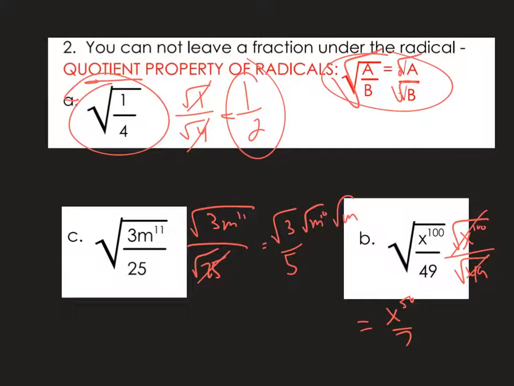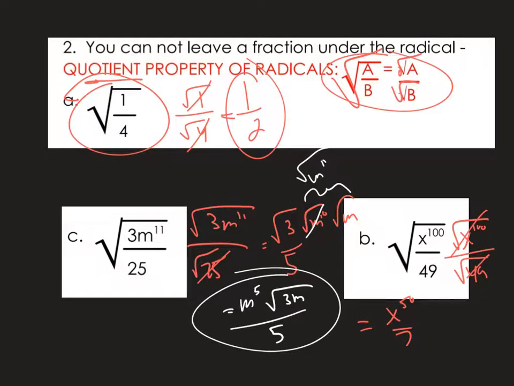These two give me m to the 11th. Now we can reduce the perfect square, m to the 10th, which becomes m to the 5th. What stays under the radical? 3m, all over 5. So now we don't have a radical in the denominator, and we didn't leave a radical under a fraction. We are in good shape.